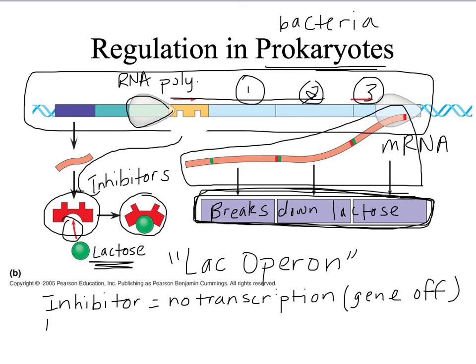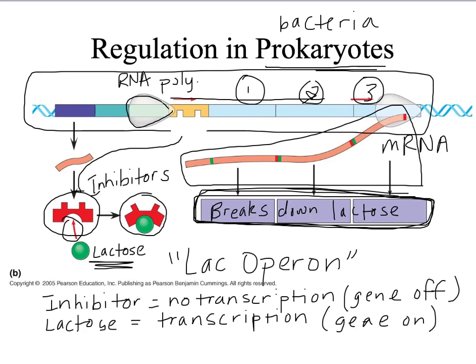And when lactose is present, we have transcription, and the gene is on. And then again, you make the protein to help break down the lactose so they can get energy. Okay, that's it for this video. For the next video, we'll get into more specific details of how our cells, our eukaryotic cells, regulate genes to turn them on and off as well.